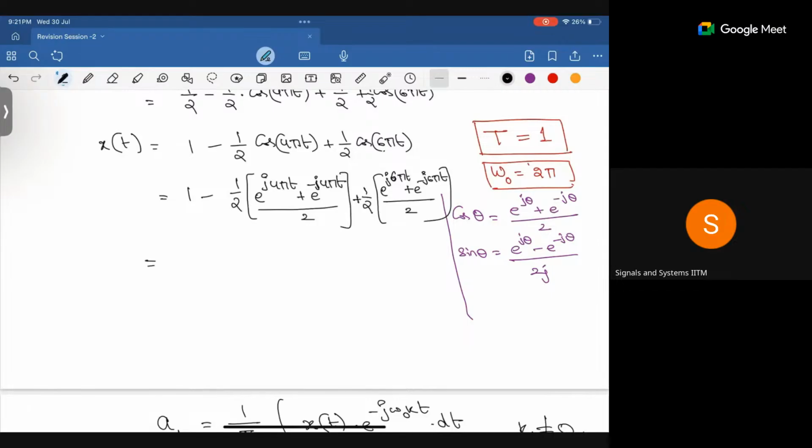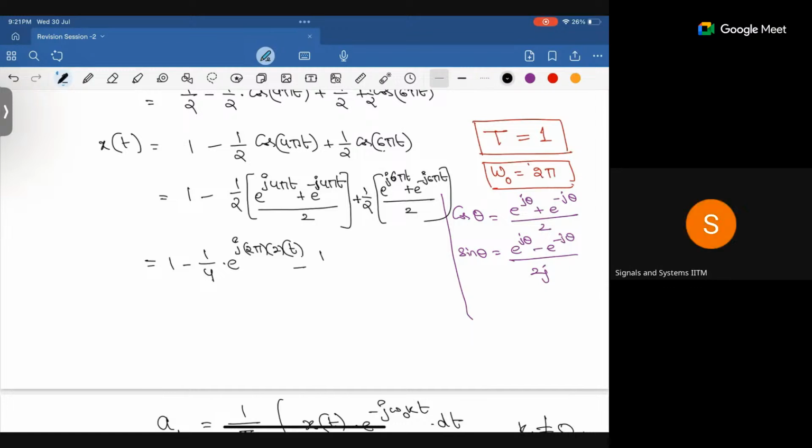Right? So if we simplify this, we'll get 1 minus 1/4 e^(j 2 pi into 2 into t). By now you should guess why I wrote this 4 pi t as 2 pi into 2.